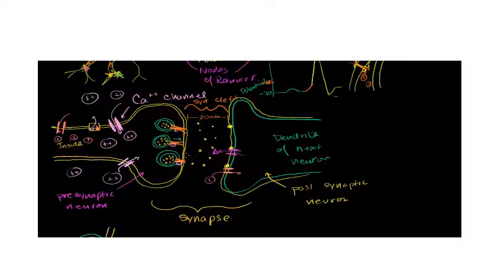So this connection, the way I first described it, it's exciting. When this guy gets excited from an action potential, calcium floods in. It makes these vesicles dump their contents into the synaptic cleft, and then that will make other sodium gates open up, maybe sodium gates, and then that will stimulate this neuron. But if it makes potassium gates open up, then it will inhibit it.